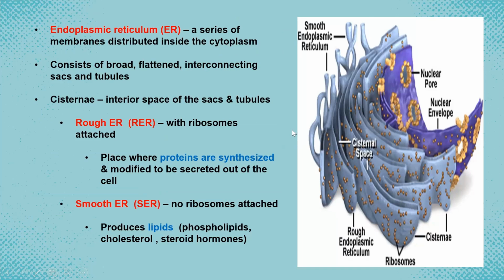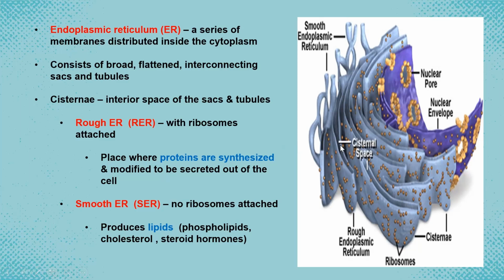Okay, this is one of the organelles found in the eukaryotic cell. The endoplasmic reticulum, ER, is a series of membranes distributed inside the cytoplasm, consisting of broad, flattened, interconnecting sacs and tubules. It also has what are called cisternae.